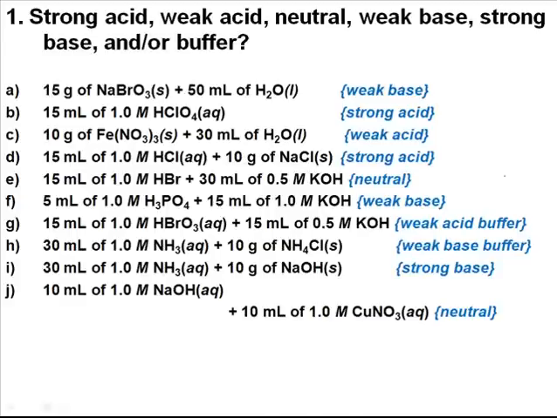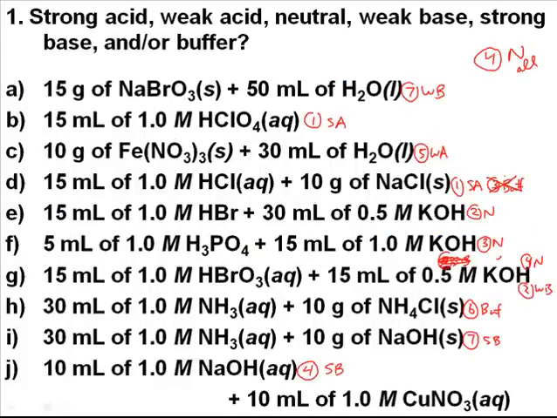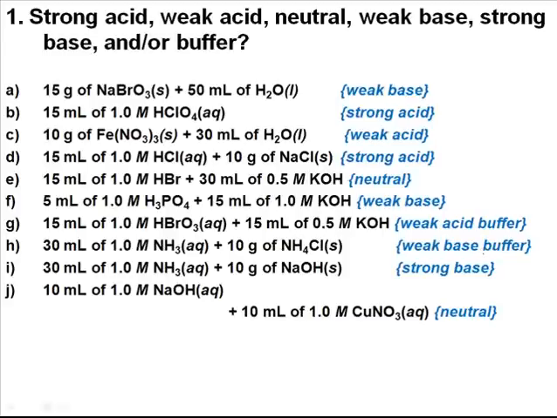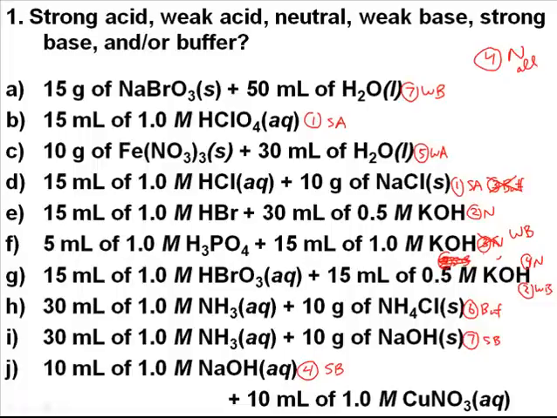F is a weak base. All right, F is a weak base. So no one got that one. G is a weak acid buffer. A weak acid buffer. And we saw no points on that one.